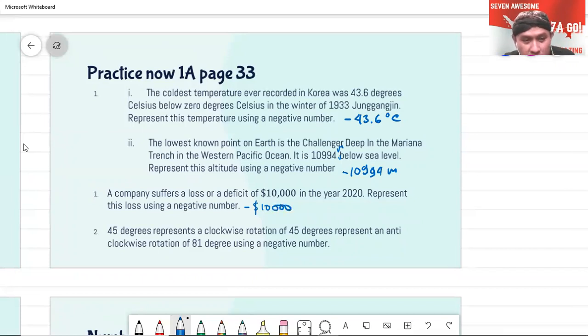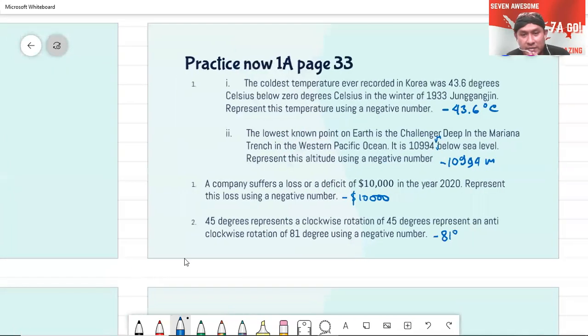Now, if 45 degrees represents a clockwise rotation of 45 degrees, represent an anti-clockwise rotation of 81 degrees using a negative number. It means this is equal to negative 81 degrees.